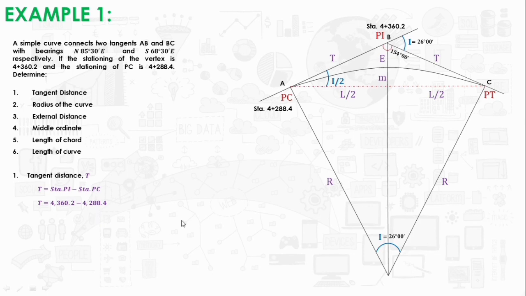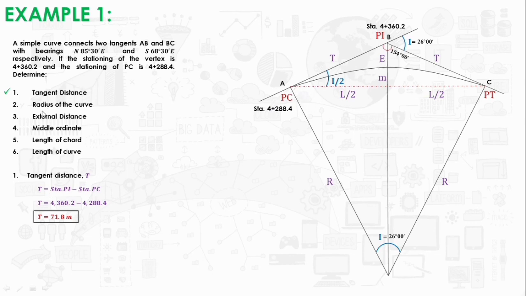The tangent distance is equals to 71.8 meters. So yan lang, kasimple yung pagkuha ng tangent distance. Depende siya sa given. So luckily, binigay yung station ni PI and station ni PC. And directly, makuha natin yung length ng ating tangent distance.